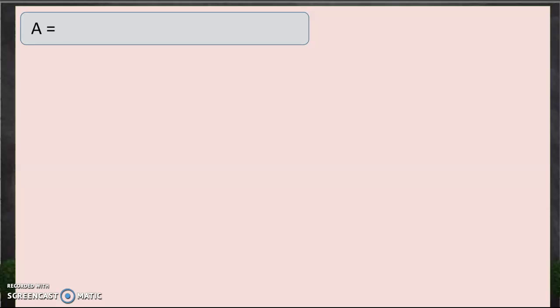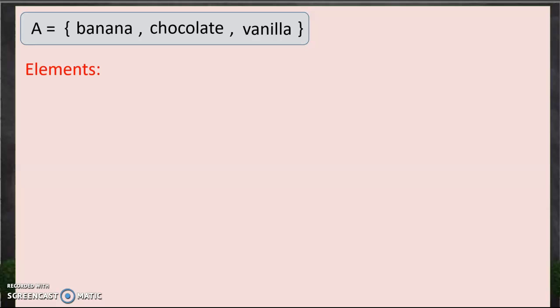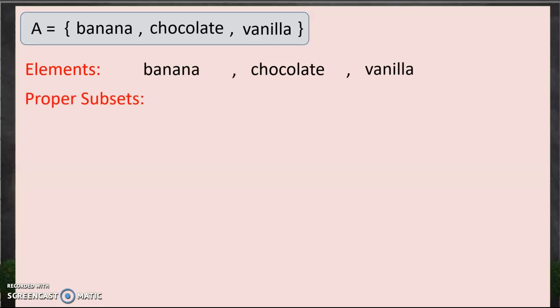Okay, so given set A is banana, chocolate, and vanilla. When we write the elements, there are no braces. The elements are banana, chocolate, vanilla. So we will write the proper subsets.